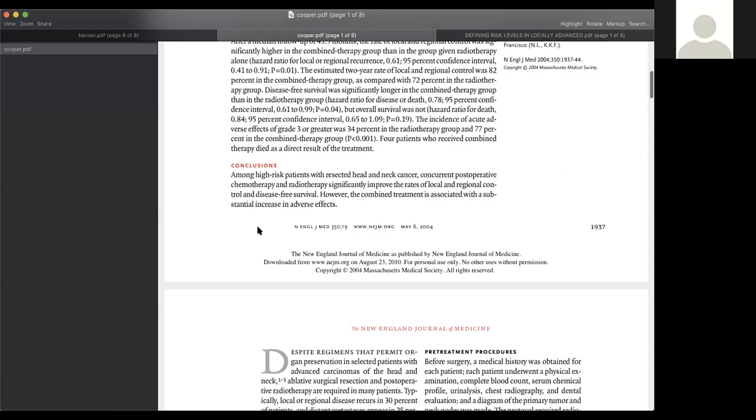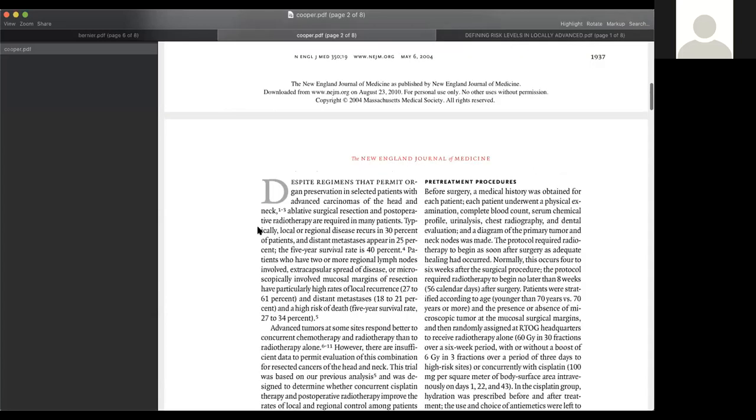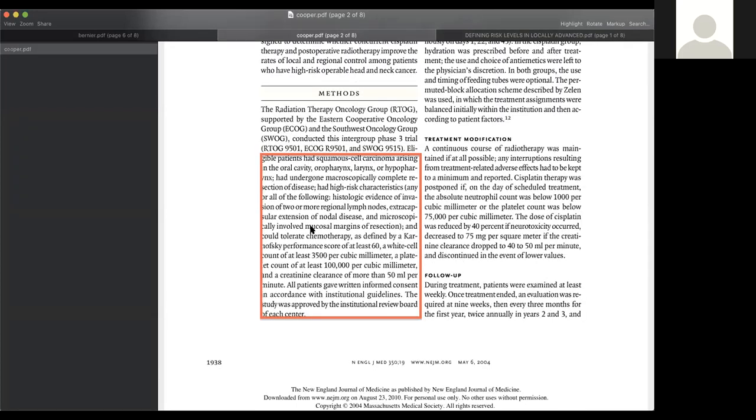Now, the difference between the Bernier and Cooper papers is that even though they were answering the same broad question, combined modality post-operative chemoradiation for a high-risk group, their inclusion criteria were slightly different. Here, the inclusion criteria were involvement of 2 or more regional lymph nodes, extracapsular spread, and microscopically involved margins of tumor resection. There, you had perineural spread, lymphovascular emboli, level 4 and level 5 lymph nodes, and patients who had oral and oropharyngeal primary.